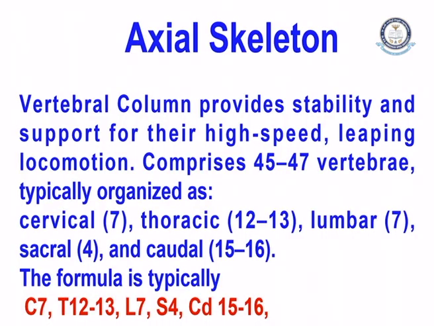and the number of vertebrae present is 45 to 47, which are organized into cervical, thoracic, lumbar, sacral and caudal. When we find out the number of cervical, there are 7 cervical vertebrae present.